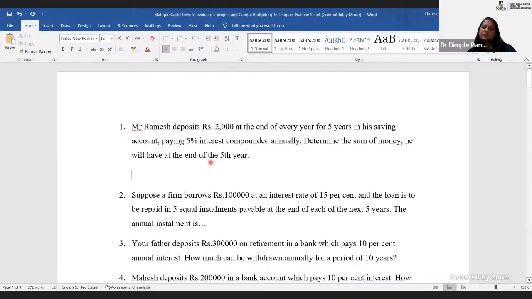Is it a case of ordinary annuity or annuity due?